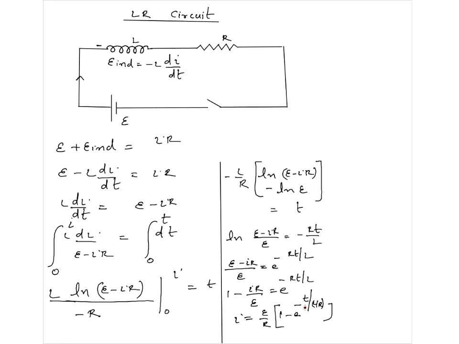Let's put the graph first. E to the power minus x I will plot first. You know it, of course, decreasing function. Now 1 minus that, look at that, increasing function.